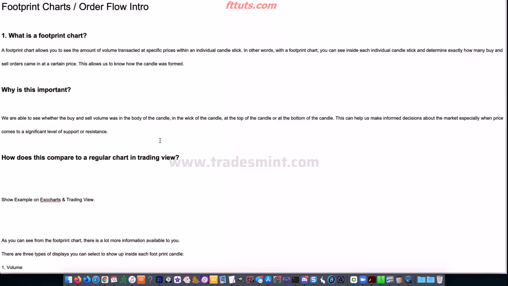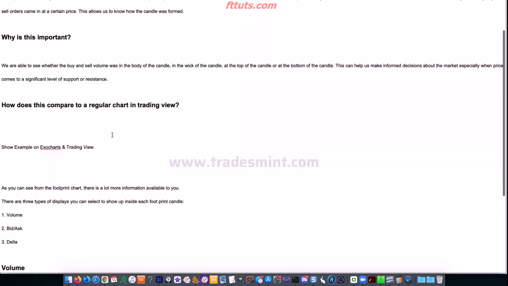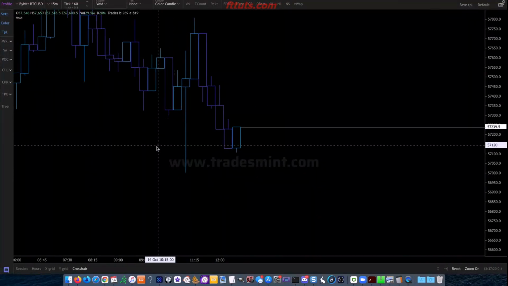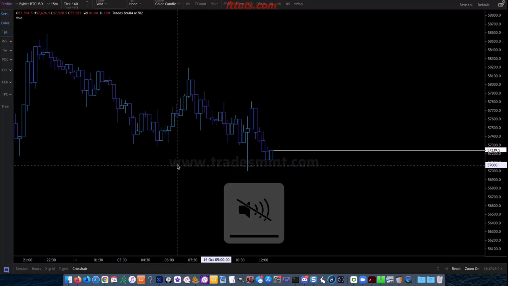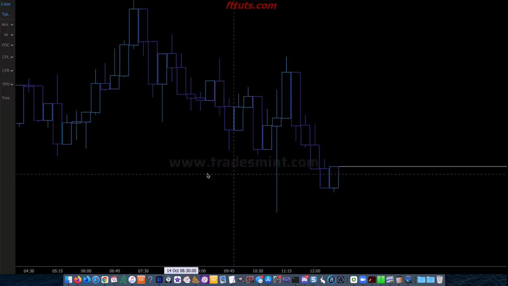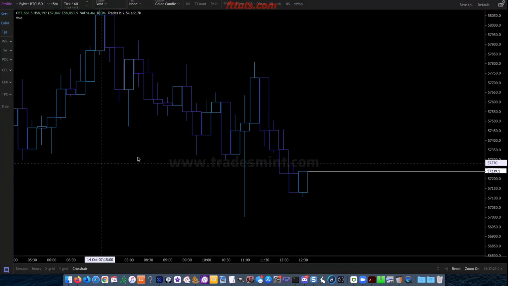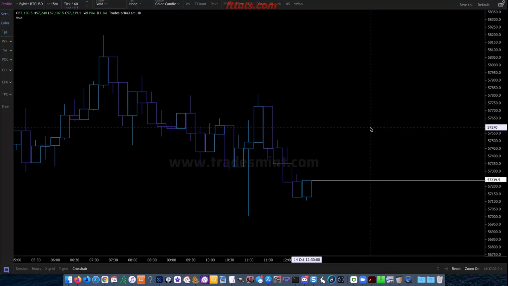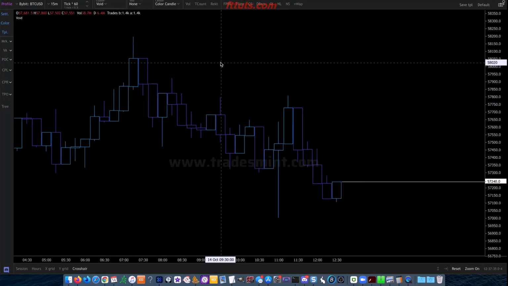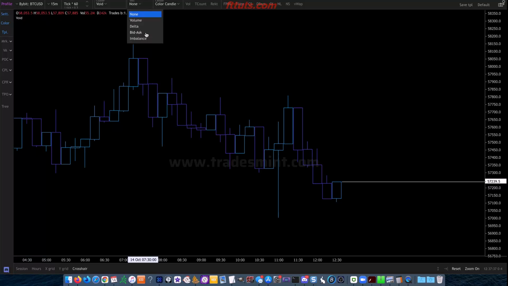Now, how does this compare to a regular TradingView chart? If we come to a footprint chart here, this is on ExoCharts, we're going to go ahead and turn on some information, and that will show you how this compares. So we're going to start with putting on what's known as bid and ask.